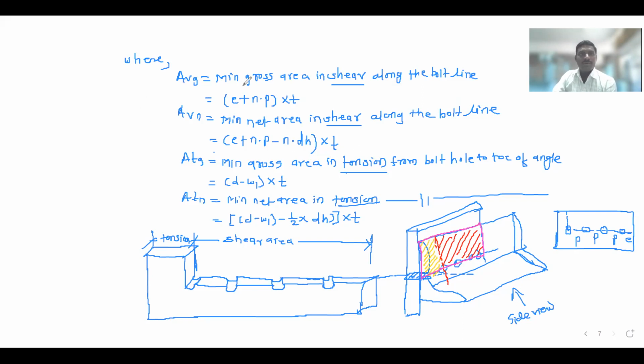So see the first formula now. Minimum gross area in shear. This is your shear plane. This is the shear area. This is your shear area. It means what?